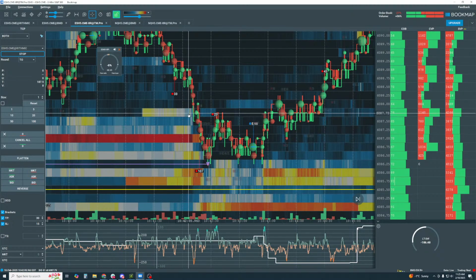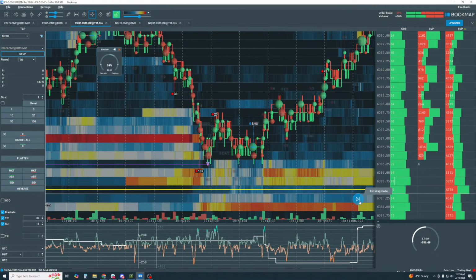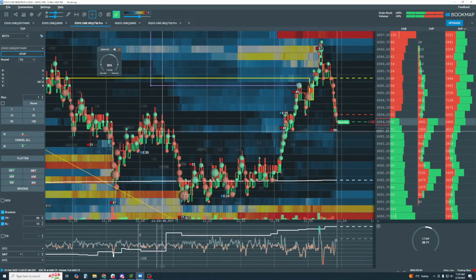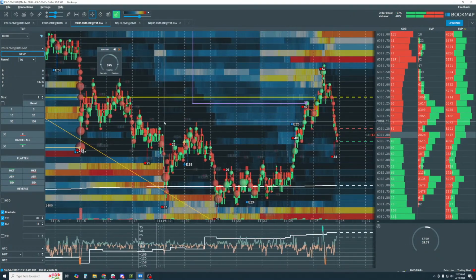We front run by a couple ticks for take profits. We front run high liquidity, and maybe for stop losses, we give it a little breathing room, like maybe a point below the high liquidity. That's something to take a look at and study. Go back, because then we would have been in that trade and our target would have been hit.